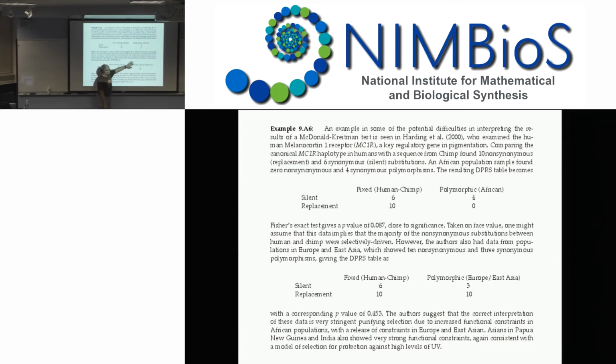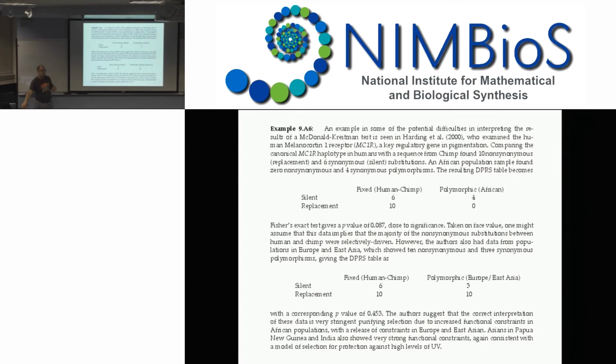You can also have selective constraints being different within a population versus between populations. You could get some robustness by looking at different samples, and that would tell you if you had a problem on that time scale. But if that result didn't give you a problem, you may still have a problem overall, because you can't sample that historical time when the divergence actually occurred. So McDonald-Kreitman is nice and powerful, but there are issues involved.